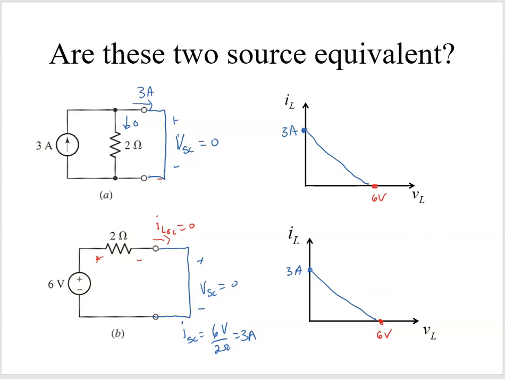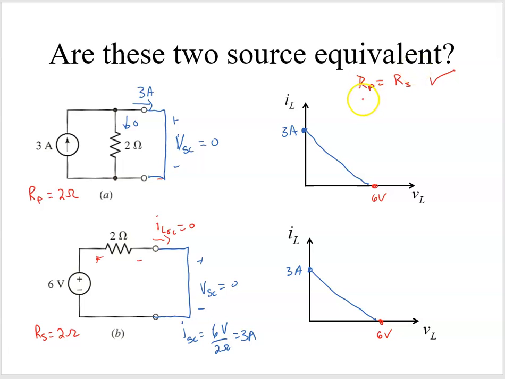What we can also show is that in this case, here we have our RP equal to 2 ohms, and here we have our RS equal to 2 ohms. So is RP equal to RS? Yes.